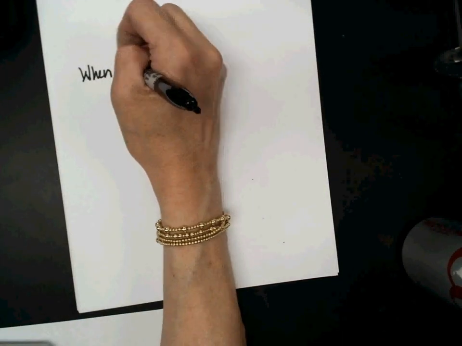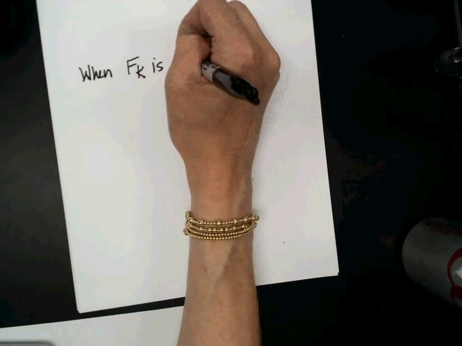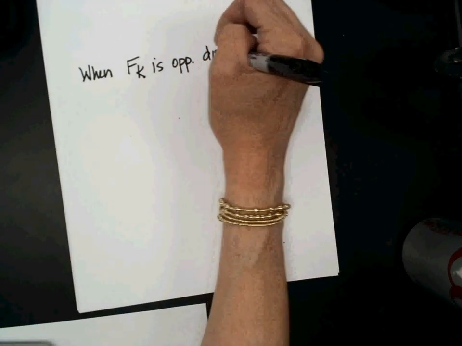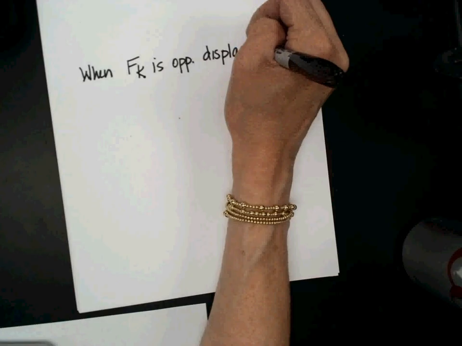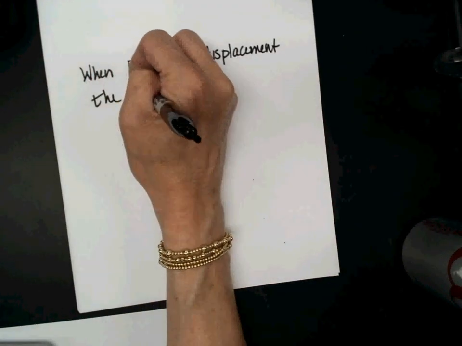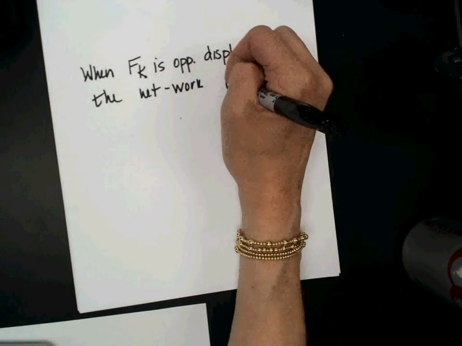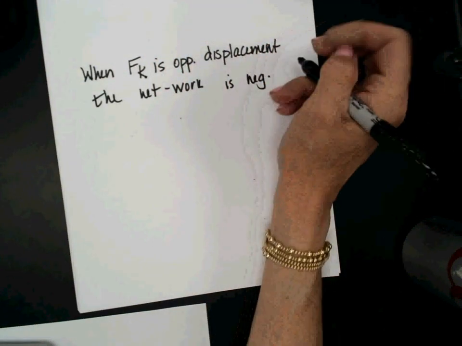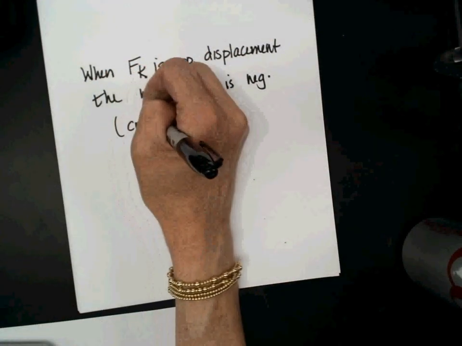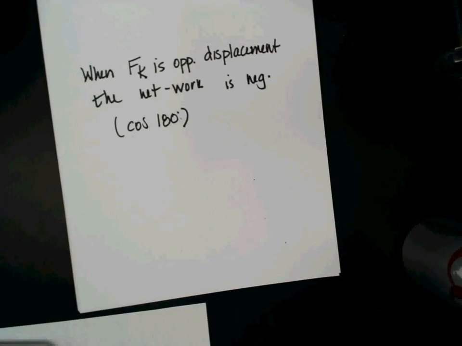When Fk, or kinetic friction, is opposite displacement, the net work is negative. And that's because we're using cosine of 180 degrees. So that's how it works out mathematically.